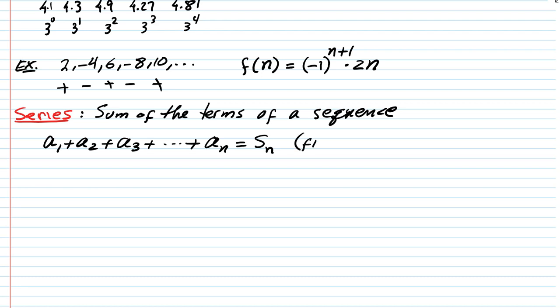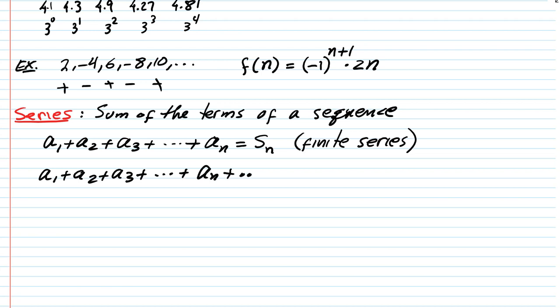So this is going to be a finite series because I'm counting up to n. But if I let the sum go beyond the nth term all the way to infinity, look at this one, dot, dot, dot. See, it keeps on going. Then this is going to be an infinite series.